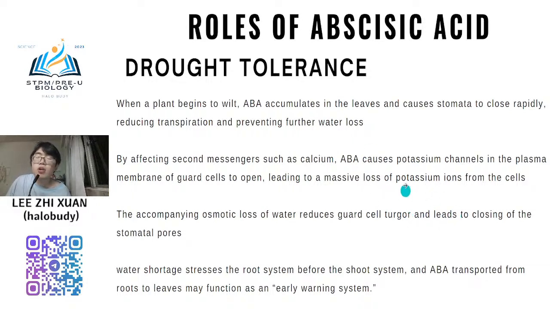This is the closing mechanism, and it is very important. It may come out in an essay question, especially for drought conditions. Although it is a sunny day, under the unique condition when the plant begins to wilt, under drought, the stomata will also close. So this is the mechanism.